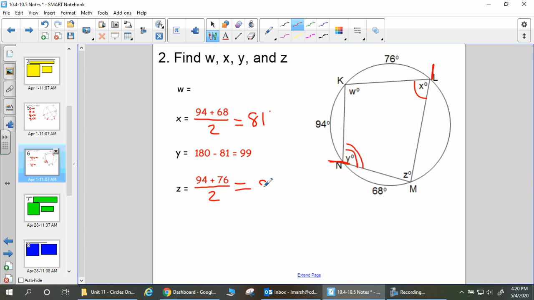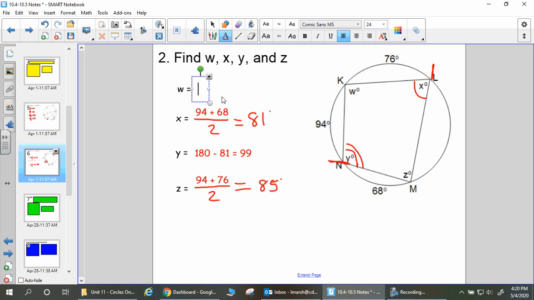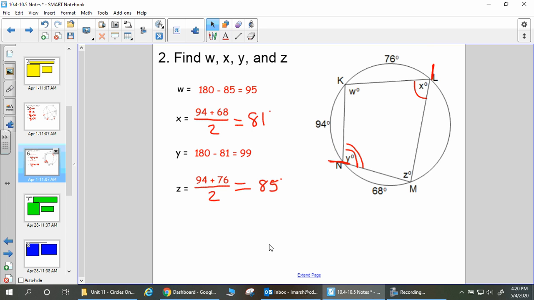Dividing by 2 would give me an angle of 85. And so now I can go back up to W. Just like X and Y were opposites, Z and W are opposites. So now that I know what angle Z is, I can do 180 minus the 85, and I can get a 95-degree angle for W.